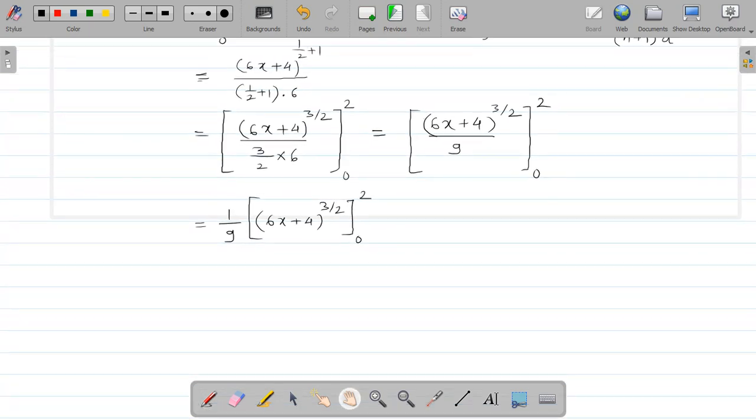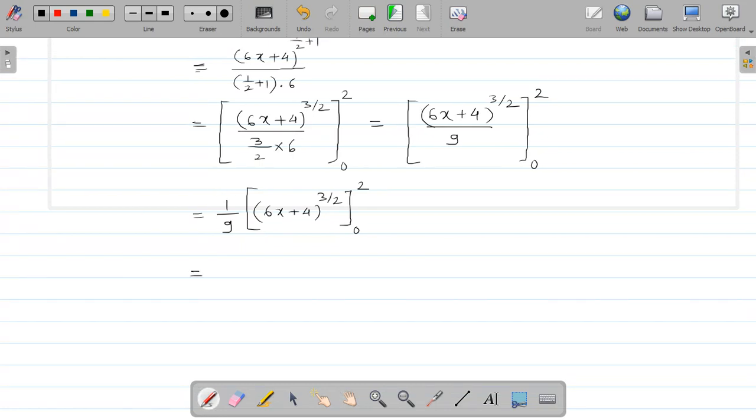So see the calculation now, that is 1 upon 9 as it is. Now first of all I will put the upper limit here. So 6 into 2 is 12, 12 plus 4 is 16, so it will be 16 raised to 3 by 2, minus, if you put the lower limit, that is 0, 6 into 0 is 0, 0 plus 4 is 4, so 4 raised to 3 by 2.